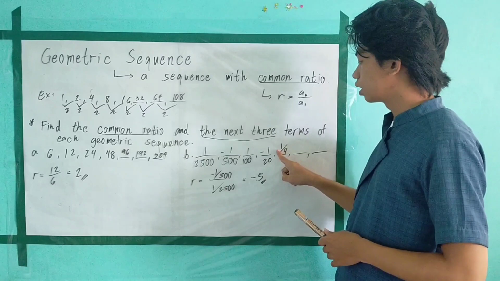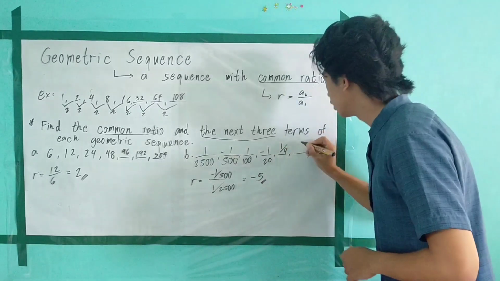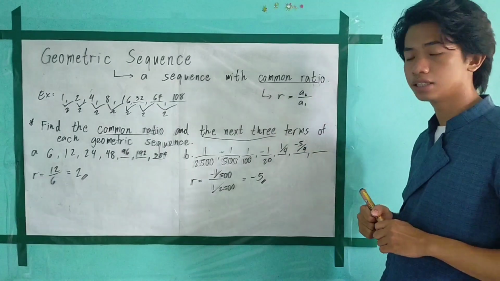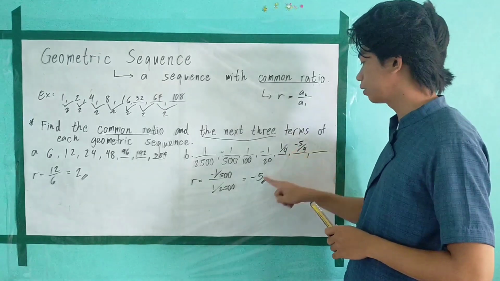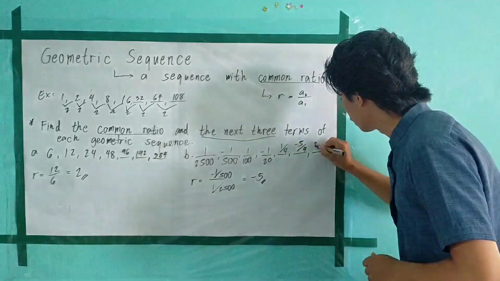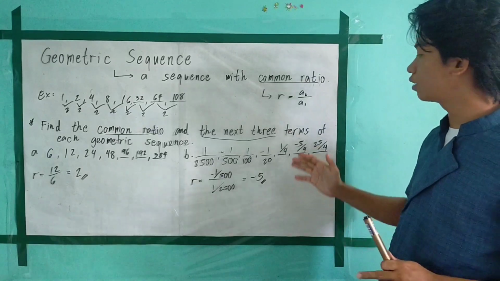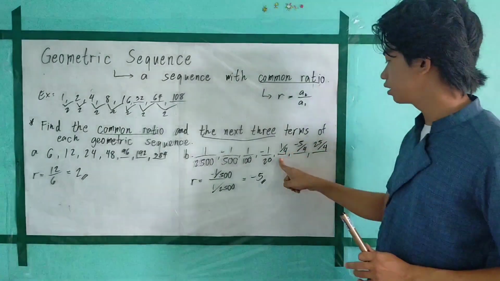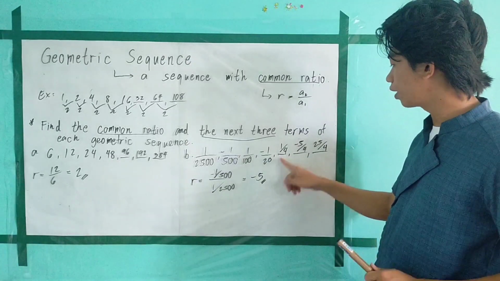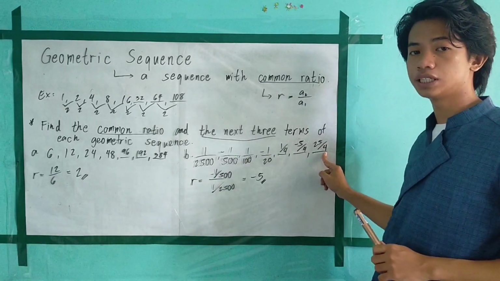Next, 1/4 multiplied by negative 5, we have negative 5 over 4. Next, negative 5/4 multiplied by negative 5, we have positive 25 over 4. So our next 3 terms are 1/4, negative 5/4, and 25 over 4.